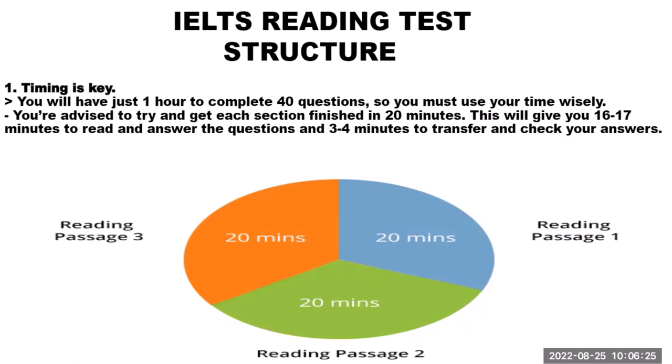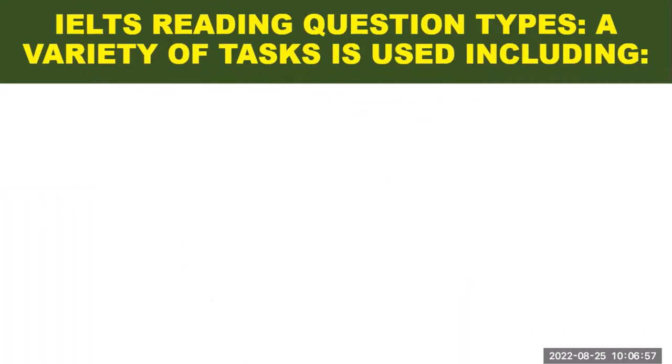You will have just 1 hour to complete 40 questions. So you must use your time wisely. And again, you need to try to get each section finished in 20 minutes. Of course, you should be able to finish in between 16 to 17 minutes, for example. Okay, you should be able to read and answer the questions, so that you have 3 to 4 minutes to check your answers and ensure that everything is okay.